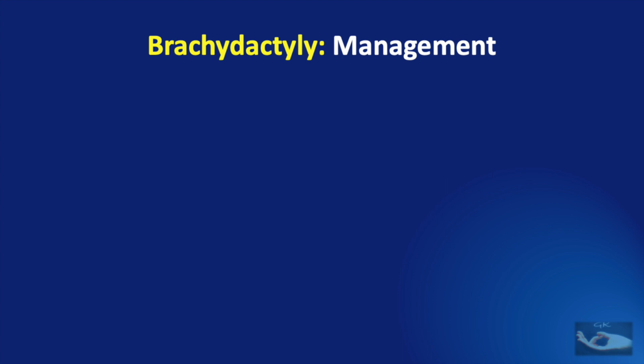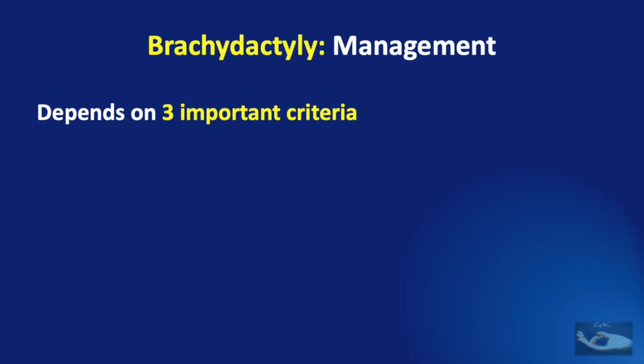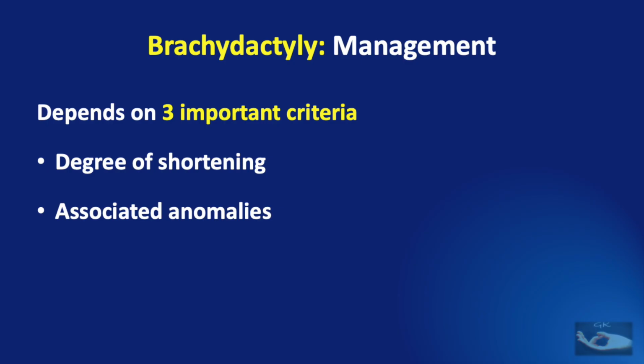Regarding the management of brachydactyly, we need to consider two problems that occur due to the condition: the loss of function and the cosmetic problem. After considering the problem that is there in the patient, we need to consider three important criteria: the degree of shortening that has occurred, associated anomalies, and the status of the remaining digits.